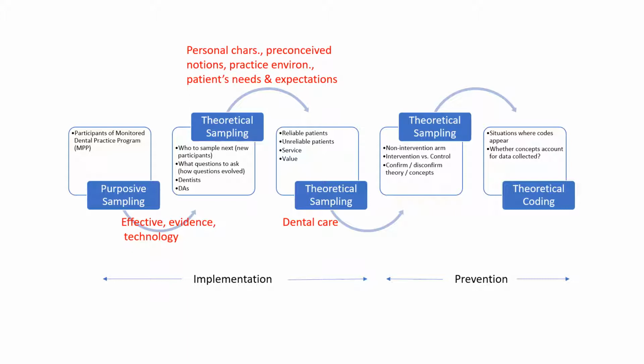They divide their groups of dentists and DAs into intervention and control group. Intervention group would be dentists and DAs who are part of the MPP program. Control group would be dentists and DAs who are not part of the MPP program.